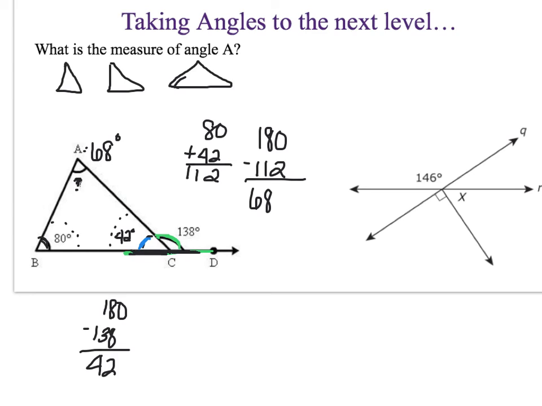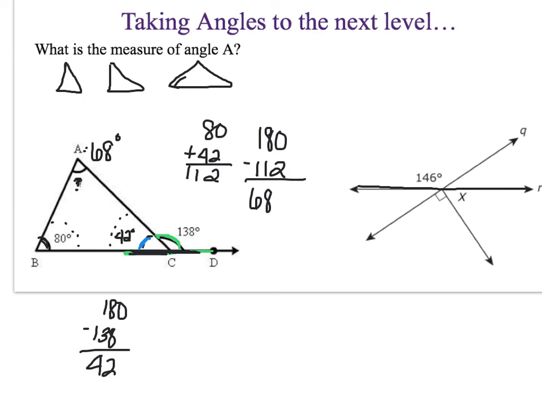This is just putting multiple skills of angles together. Just like this second one. So this second one looks different because I've got a couple of different angles in multiple lines. So I want to figure out what this angle X is. I see I have a straight line here.